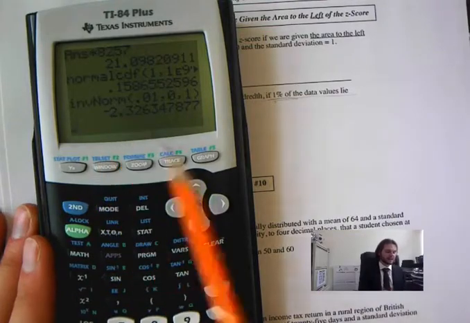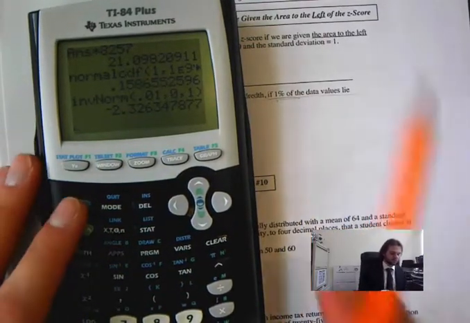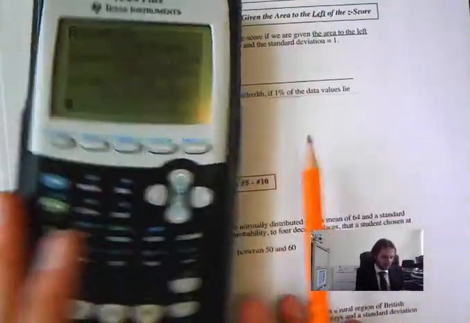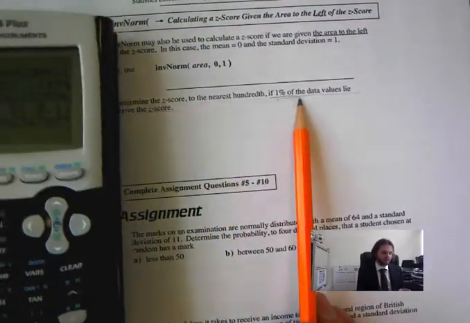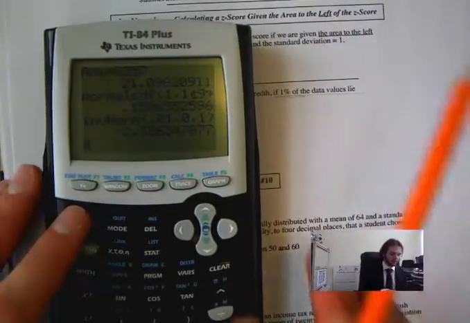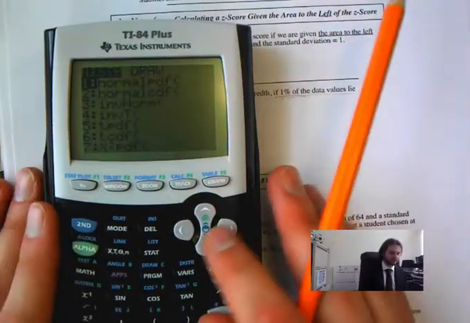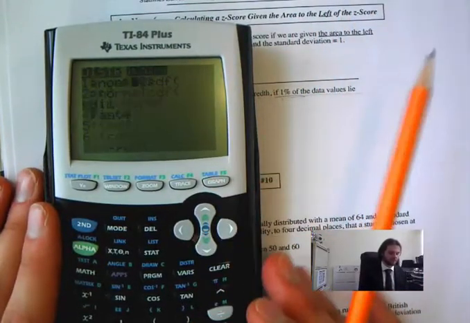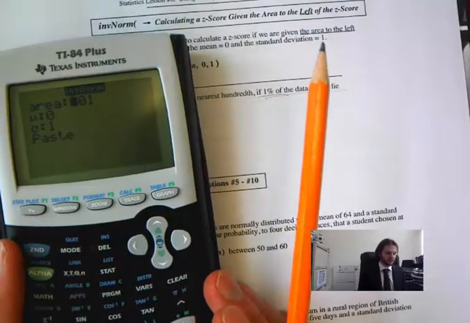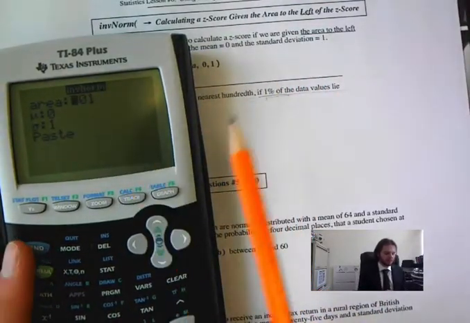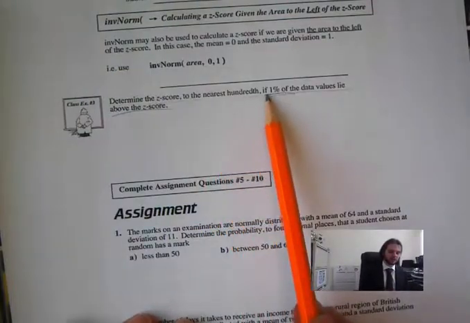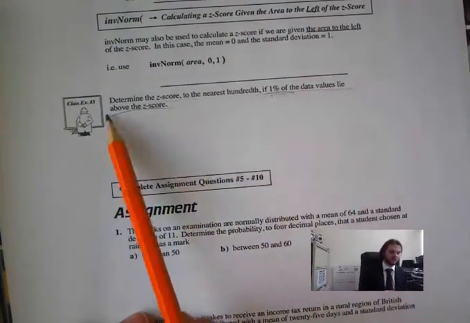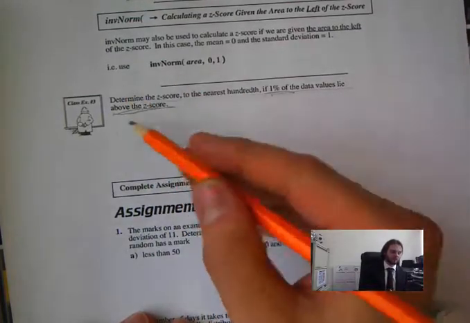I end up getting negative, whoops, just wait. Okay, so we have area 0.01, and we want above. Determine the z-score to the nearest hundredth if 1% of the data values lies above the z-score.